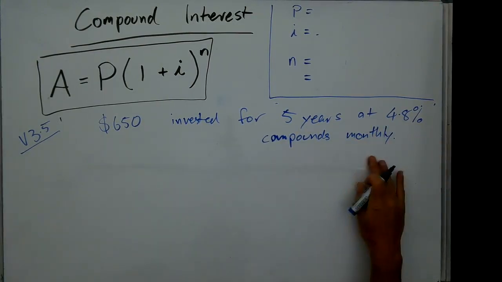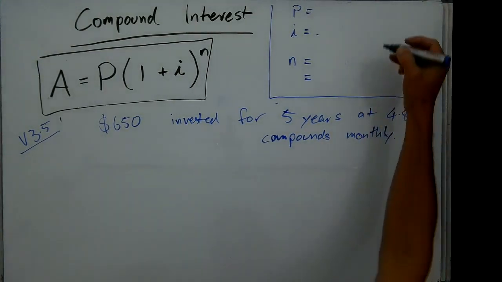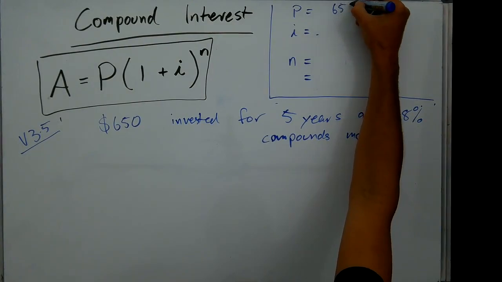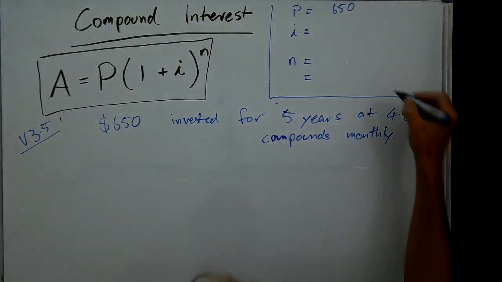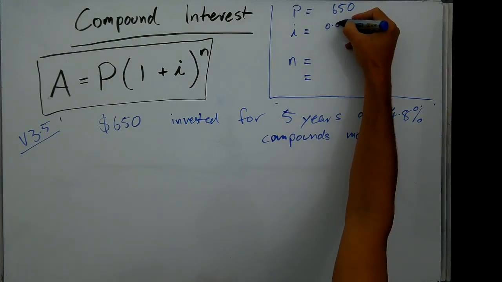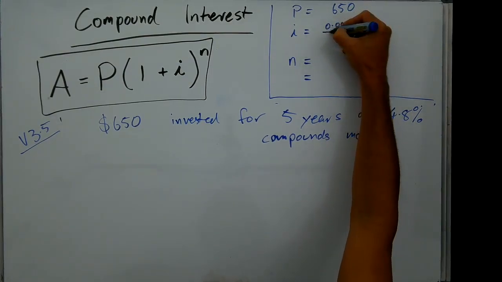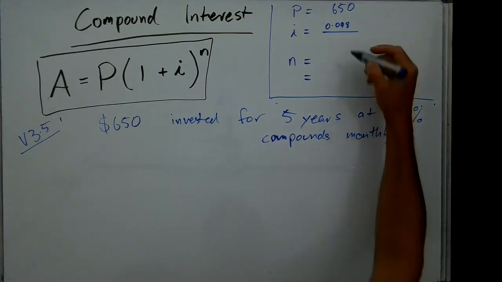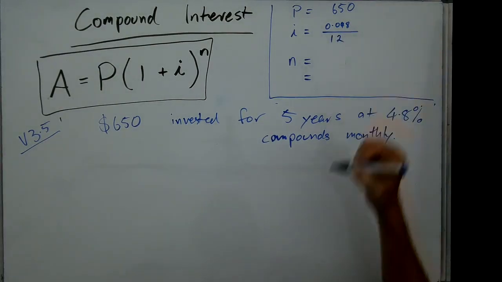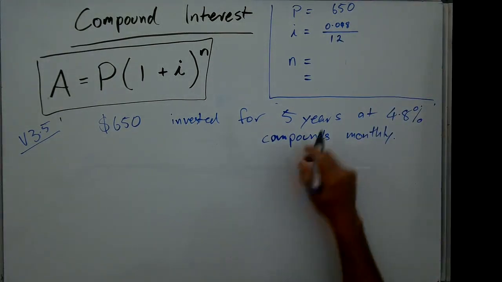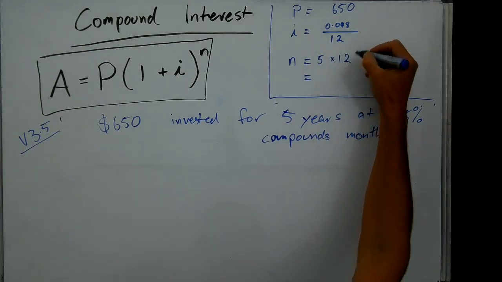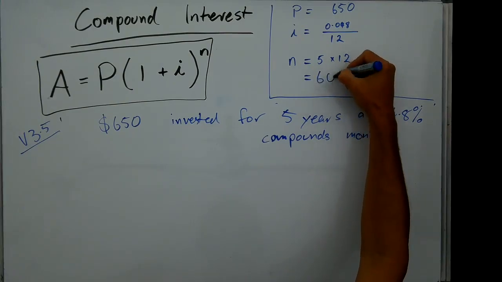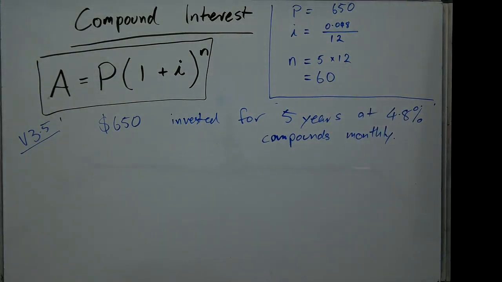That'll be 12 times per year. We've got our principal. Let's just write this up here. The interest rate is this as a decimal. It's per period, so we need to divide that by 12. And n, we've got 5 years, and it's 12 times per year, so our n in this case is going to be 60. 5 times 12.